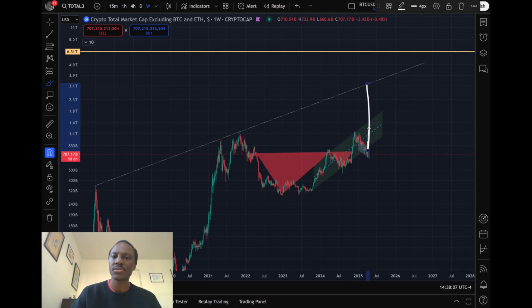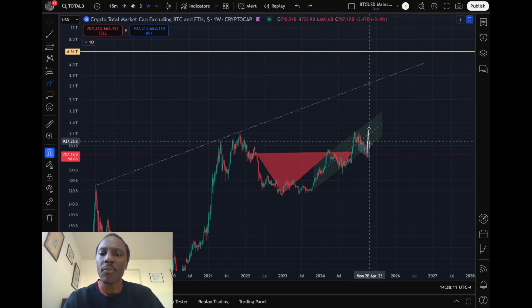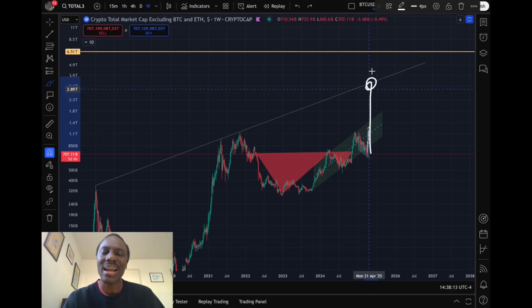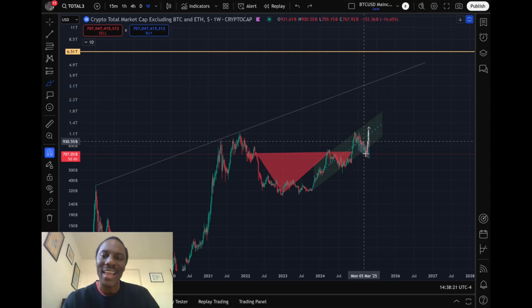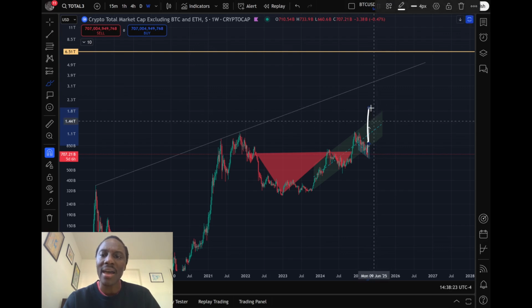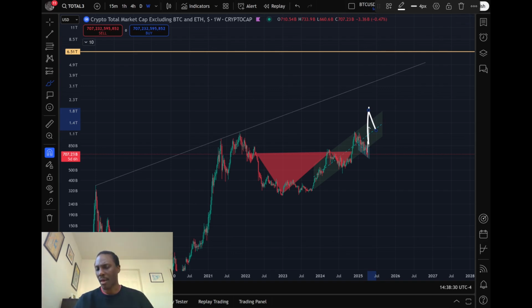This is where we would eventually go, but I don't necessarily think that we get there. I don't know, to be honest, but I don't think we necessarily get here before Bitcoin decides to dump. We could, but we at least get high enough whereby when Bitcoin finally decides to move down to 65 to 70K, we're making a higher low. I hope that makes sense.